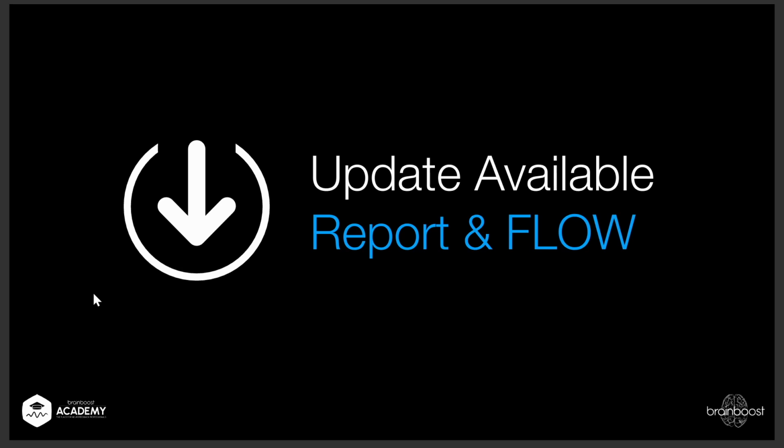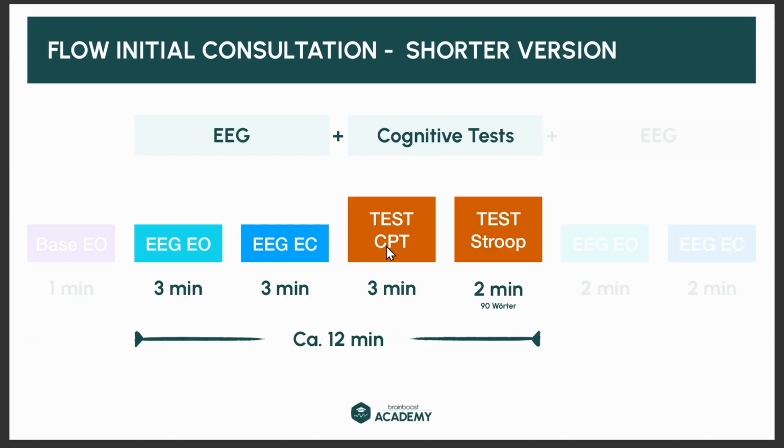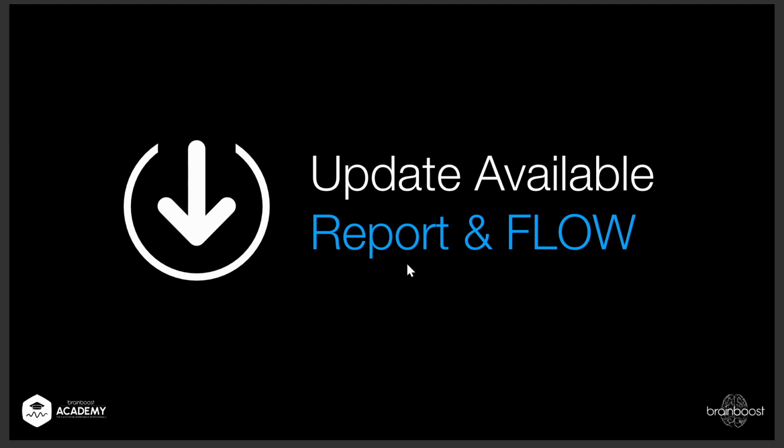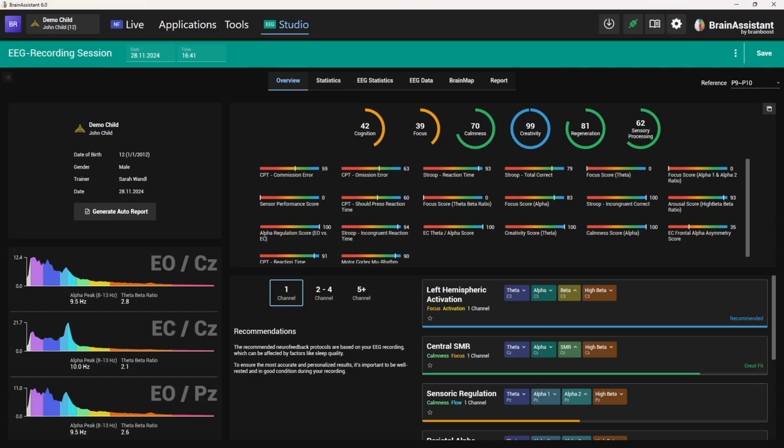There will be an update available, hopefully before Christmas, but of course we're very busy here. This will automatically put the reports and all these flows that I just showed you, these flows that you can perform in the BrainAssistant. There's another webinar on it. This will automatically upload them to your BrainAssistant.